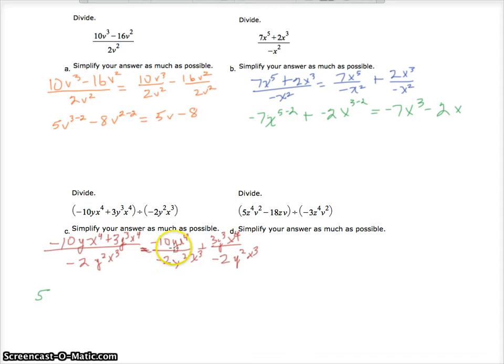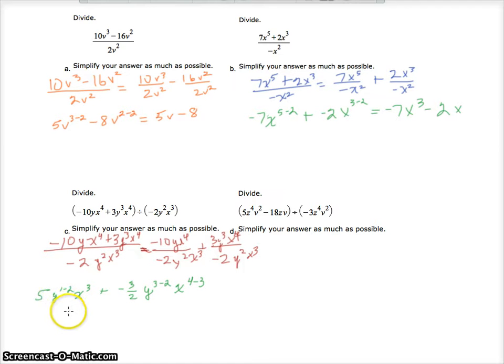Now I apply my quotient rule. I have y to the 1 minus 2, and x to the 4 minus 3. Plus, I have 3 divided by negative 2, so that's negative 3 halves, y to the 3 minus 2, x to the 4 minus 3. Now I can simplify these.